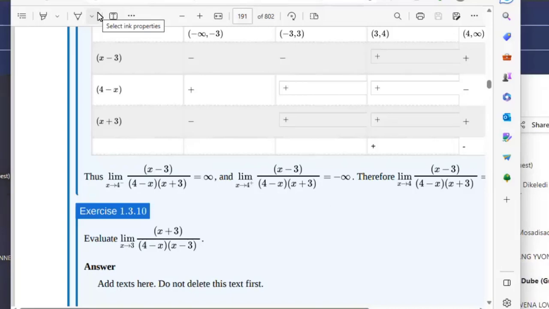Sorry, it's 1. I'm sorry. It's 1 over x minus 3. Then what do we get, Lebo? 1 over 2. Positive 1 over 2.